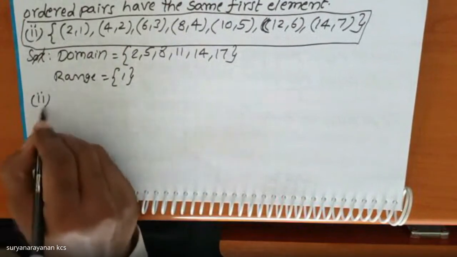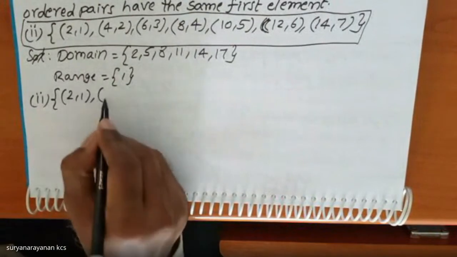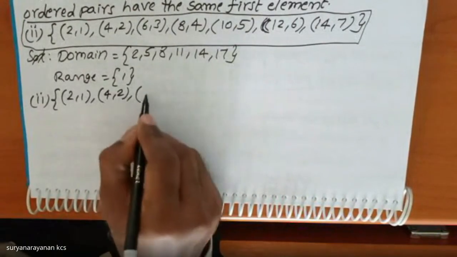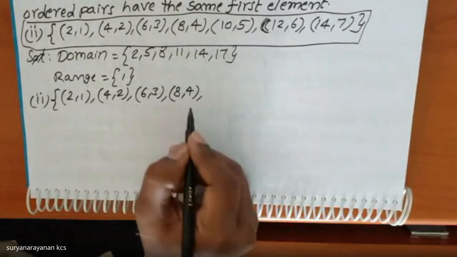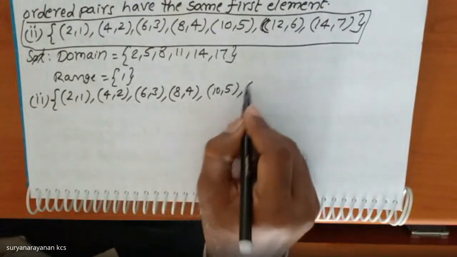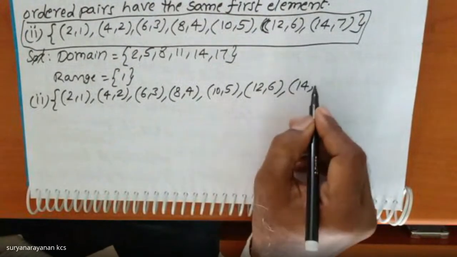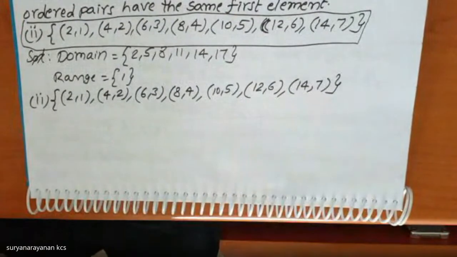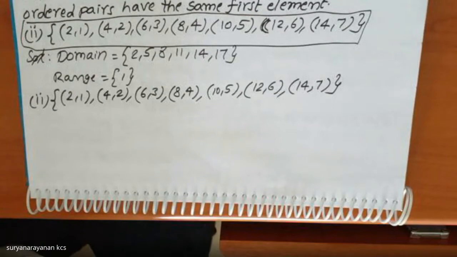Similarly, take the second one. Set of ordered pairs (2, 1), (4, 2), (6, 3), (8, 4), (10, 5), (12, 6), (14, 7). Is it a function? Tell me. Is this relation a function?